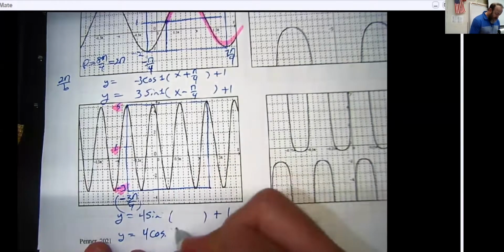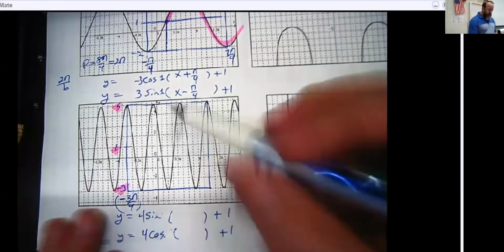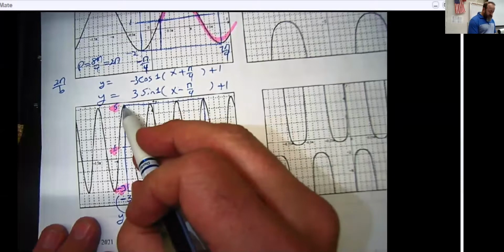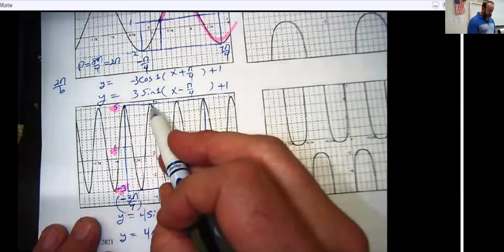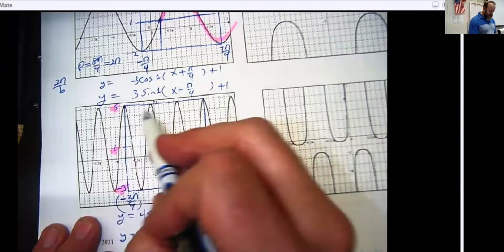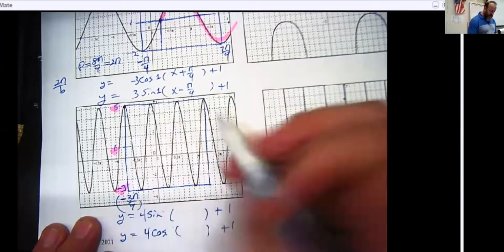Here comes the fun part. Because I made a super box, a big box, this is not one cosine wave. It's 1, 2, 3 cosine waves. Up to the top, up to the top, up to the top.